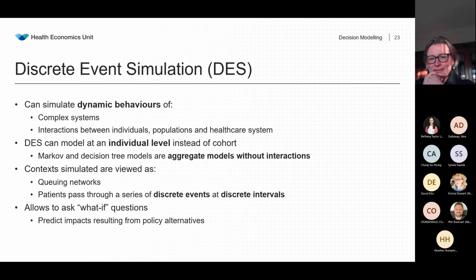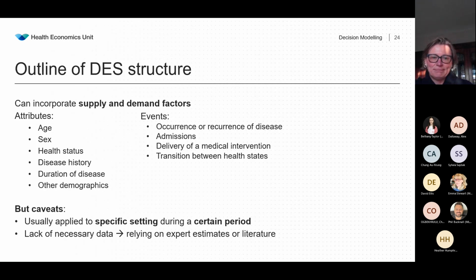They also require less computational intensity to work with, so that is quite attractive. It's straightforward to answer the what if questions. So if you're looking to predict the impact of various policy alternatives, it may be an approach that you may consider.